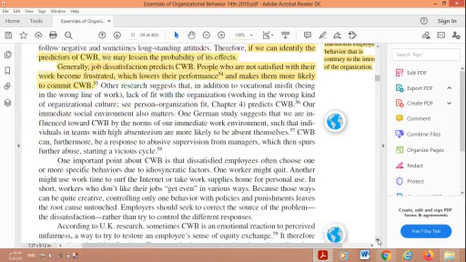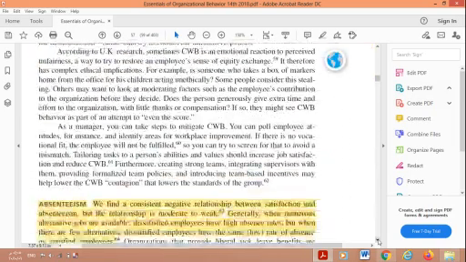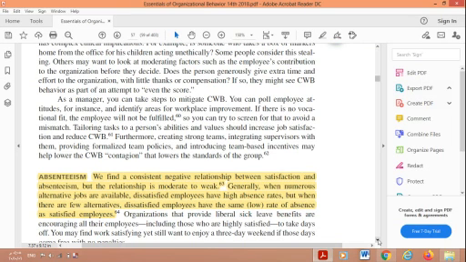Another outcome or impact of job dissatisfaction is an increased absenteeism rate. We find a consistent negative relationship between satisfaction and absenteeism rate, but the relationship is moderate to weak.